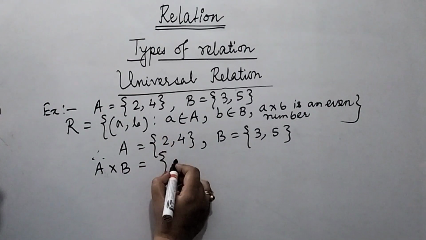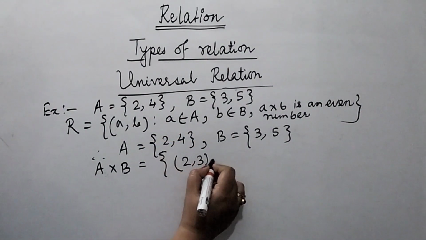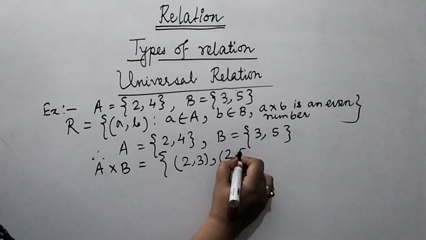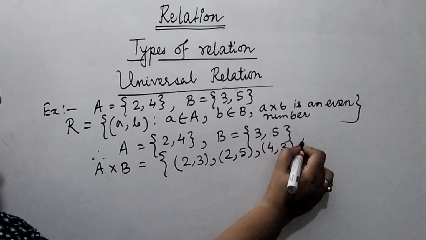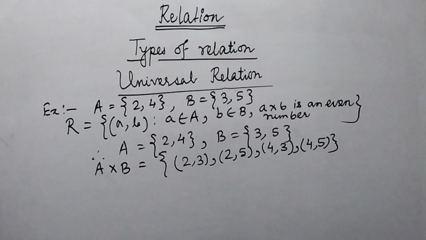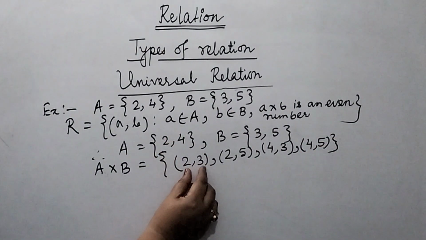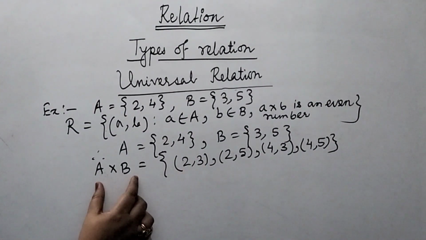So here we get the elements of A cross B are (2, 3), (2, 5), (4, 3), (4, 5). Right?